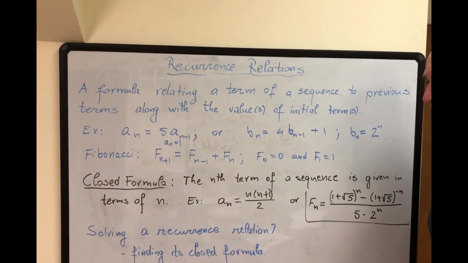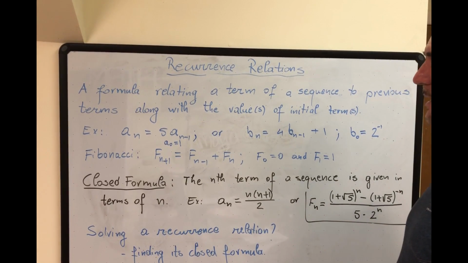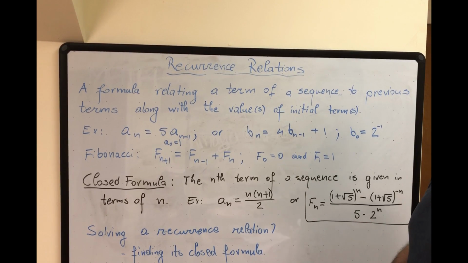So for example, a of n equals 5 times a of n minus 1, where a of 0 equals 1. This is a simple case that you can probably recognize right away: a geometric sequence. The way we define a geometric sequence is you go from one term of the sequence to the next, multiplying by the same number, the same constant.